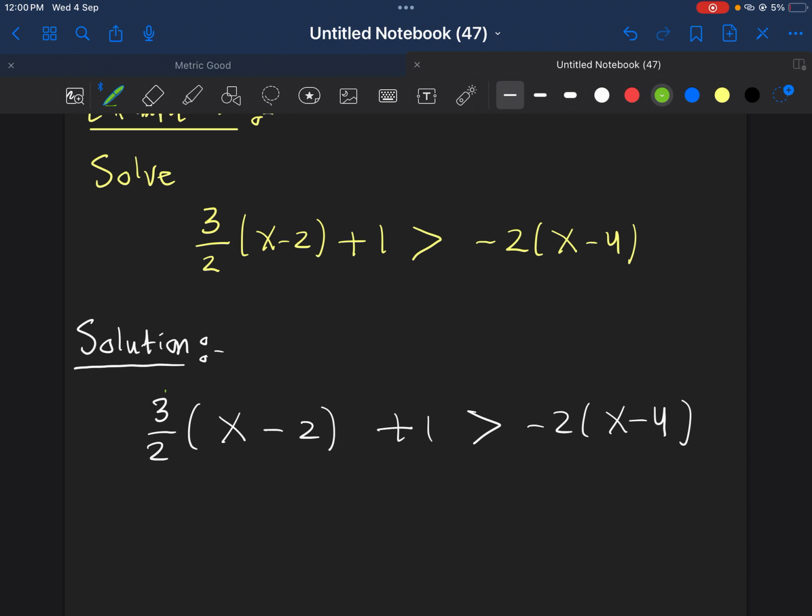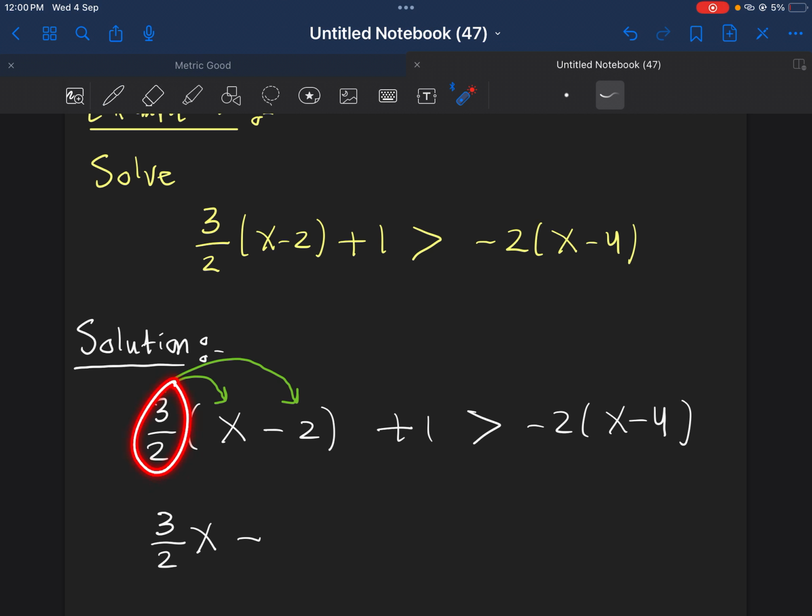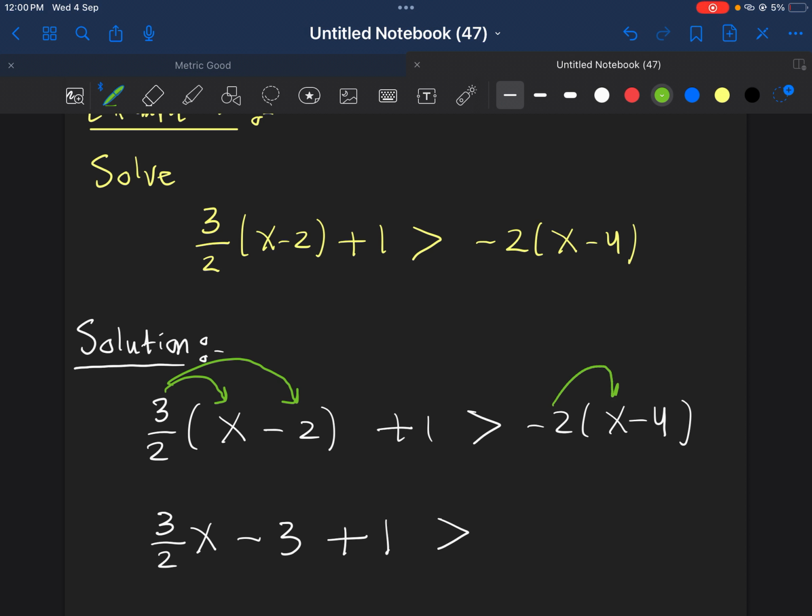Now, first of all, we open the brackets. If we multiply 3 over 2 by x, this is 3 over 2 x. Now, if we multiply 3 over 2 by negative 2, this will give me negative 3, plus 1 greater than negative 2 here. Again, I need to multiply it.